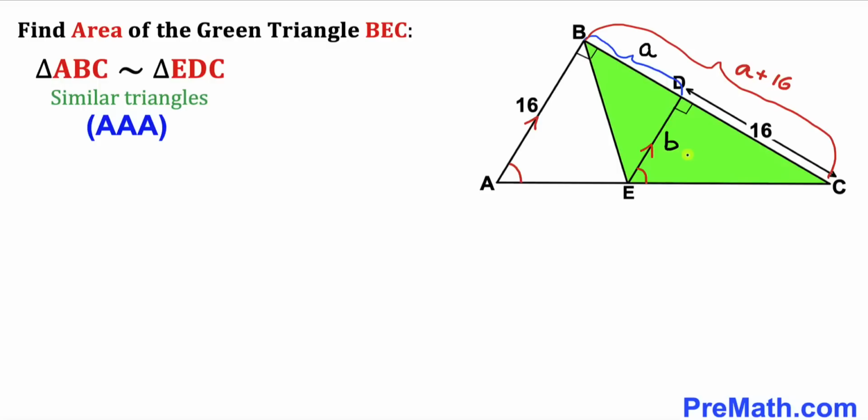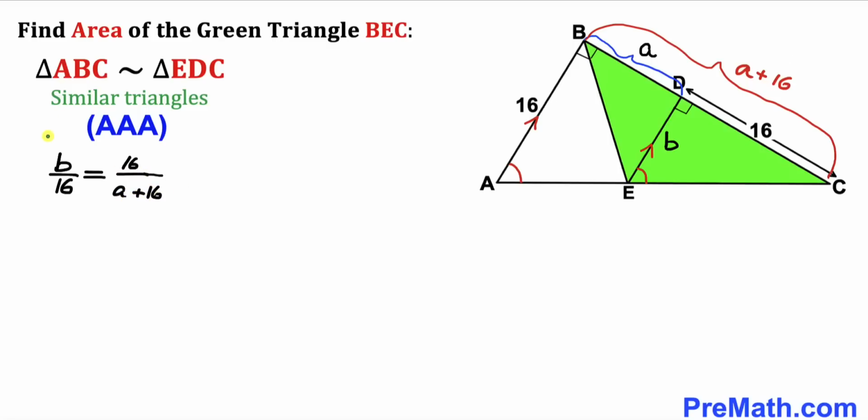Let's go ahead and write down these ratios. b divided by 16 equals this side length 16 divided by a plus 16.